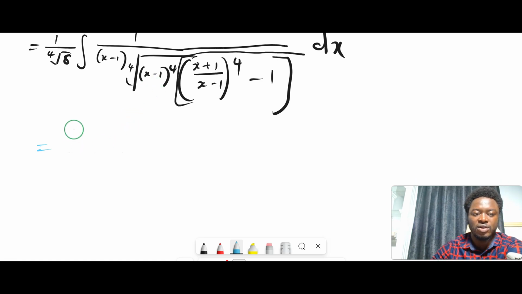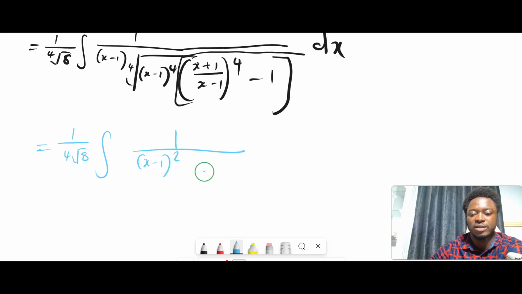So you have 1 over the 4th root of 8 times the integral of 1 over (x minus 1) squared times the 4th root of ((x plus 1) over (x minus 1)) to the 4th power minus 1.